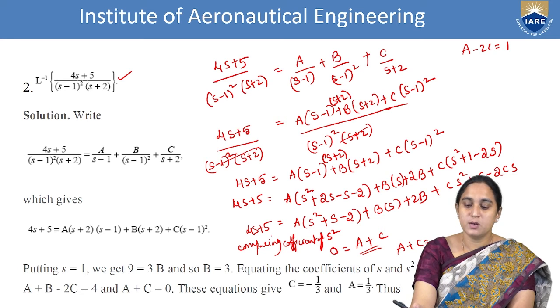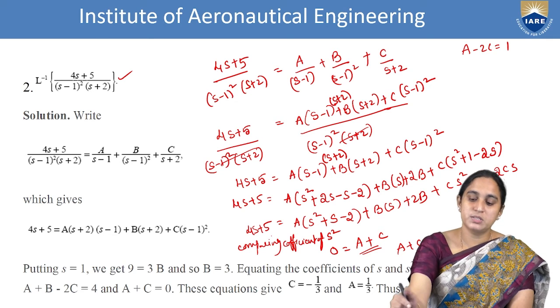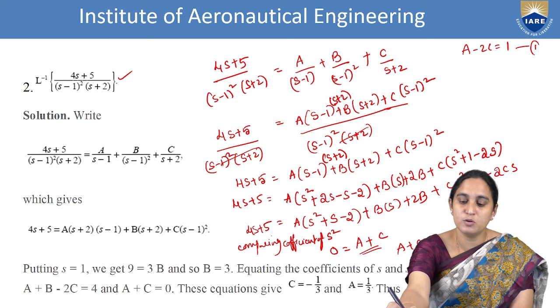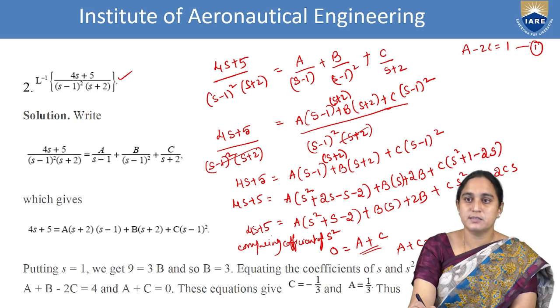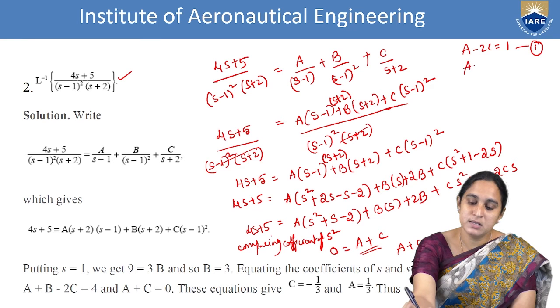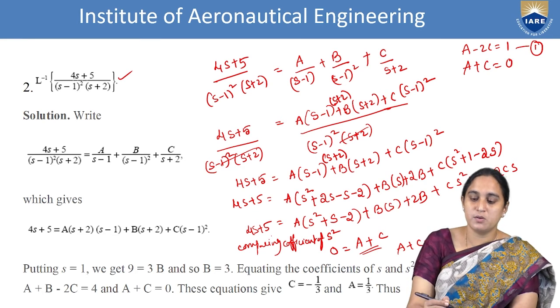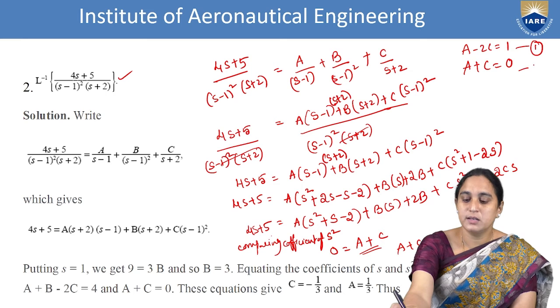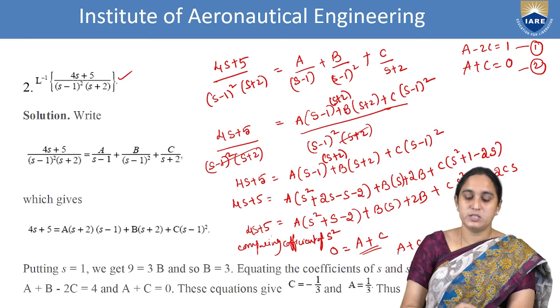Comparing the S coefficients on both sides, we got A minus 2C is equal to 1. Let us take that as the first equation. Comparing the coefficients of S square, we got A plus C is equal to 0. Take that as the second equation.